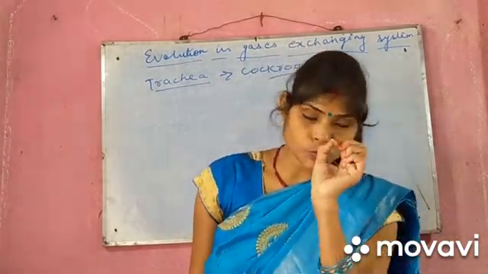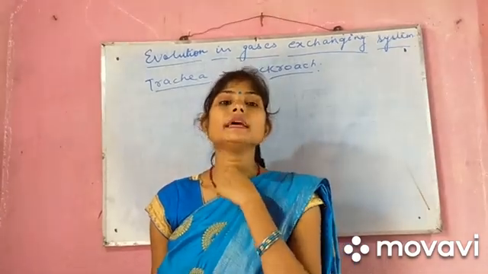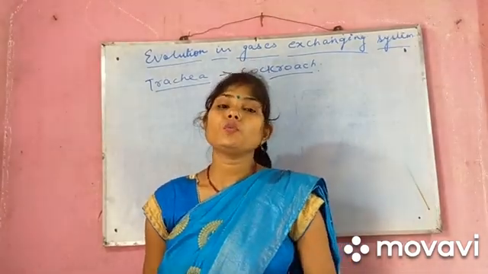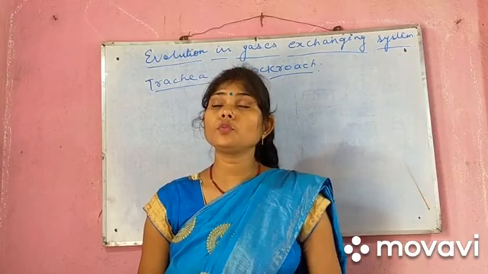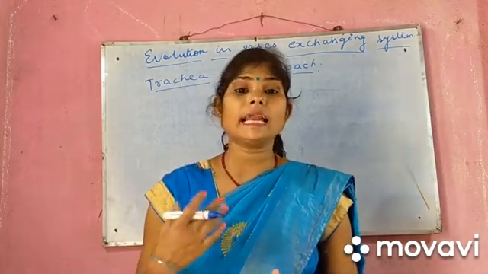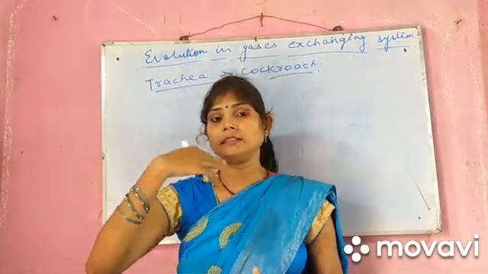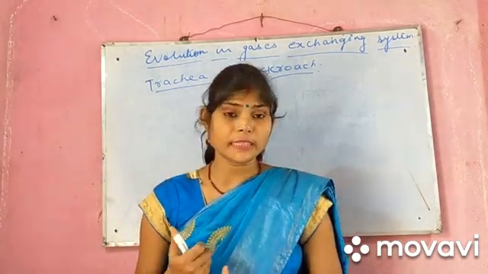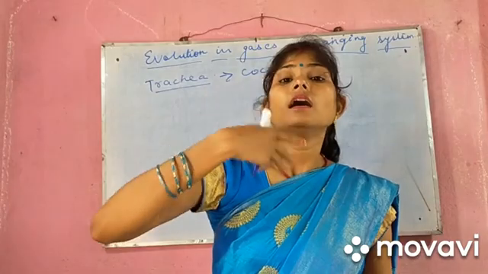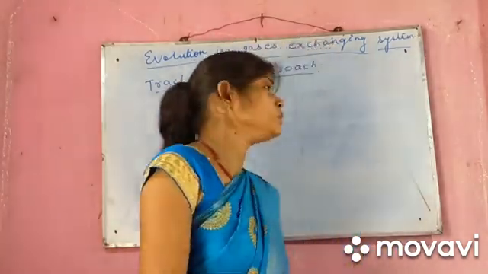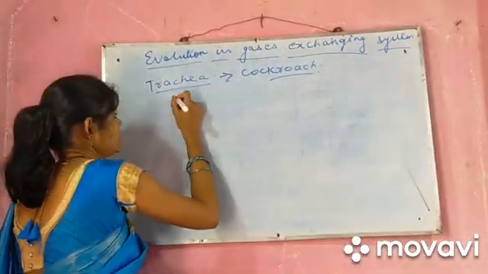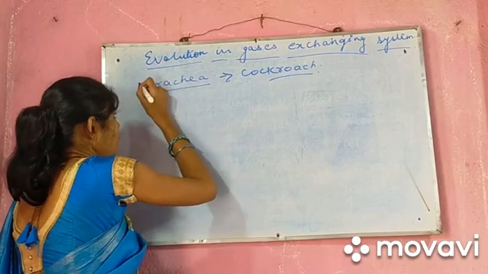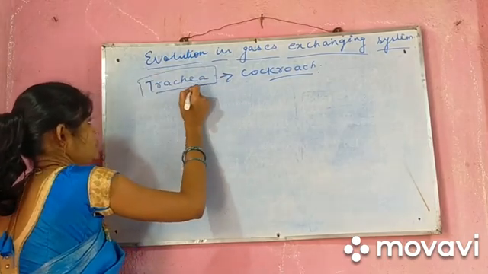They have fine tube-like structures through which they exchange the atmospheric gases. They take the oxygen from outside, use it in their cells, and again the carbon dioxide is expelled out, and the part which helps in this type of respiration is the trachea.